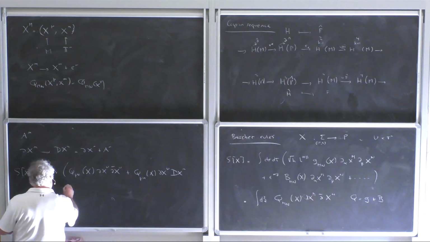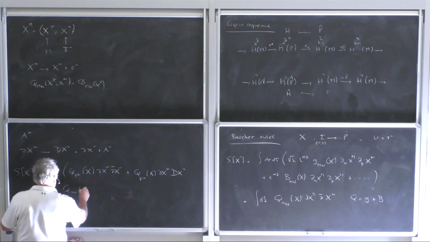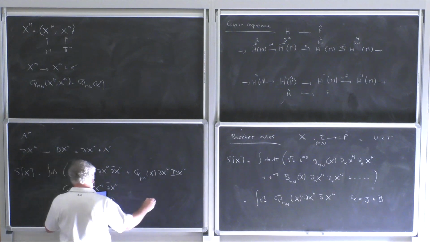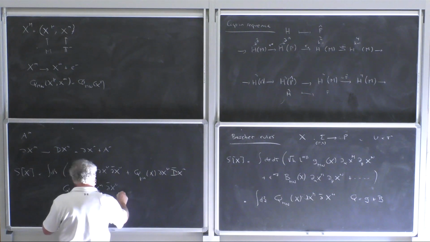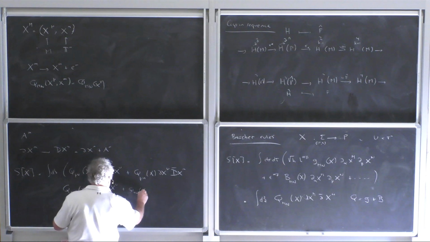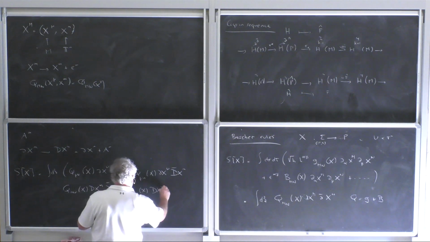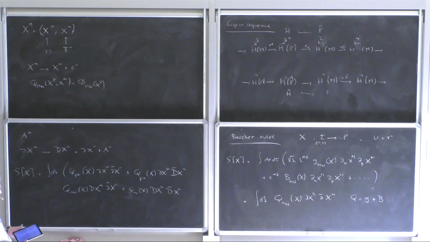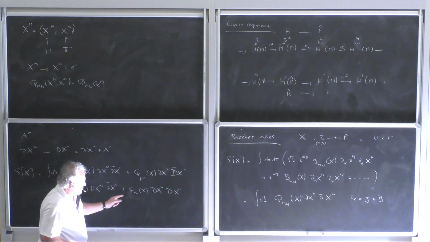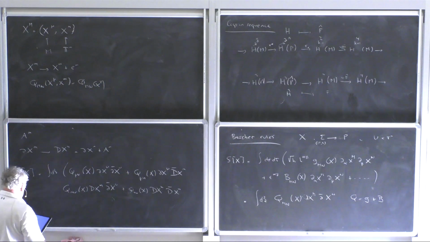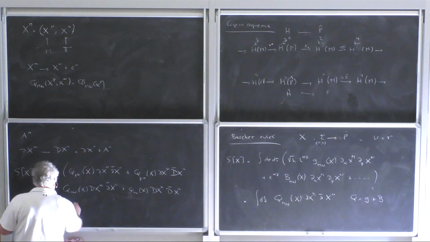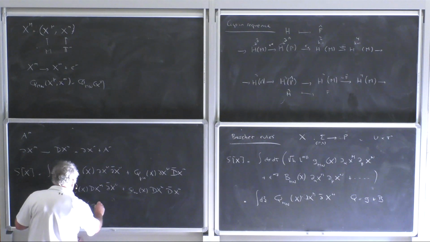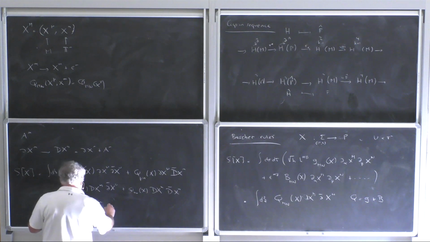This is completely trivial, but of course I have to mess it up. So this is the same action as that one, except that I've now replaced the ordinary derivatives by covariant derivatives in the direction of the torus, in the direction of the fiber. And then you add a term with an auxiliary parameter. And this term here is just the curvature of this gauge field, which you've added.